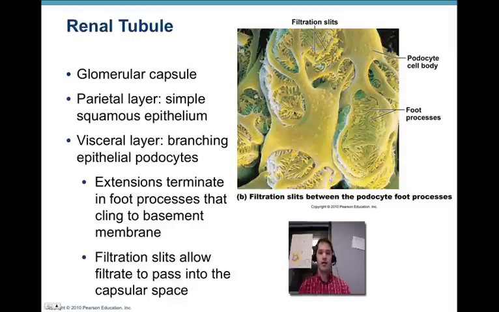The visceral layer are what are called podocytes, and these are branching epithelial cells. Podocyte means foot cell, and they have what are called foot processes, I guess because they look like toes. And these extensions of the cells terminate in these foot processes which cling to the basement membrane and form slits that allow filtrate to pass into the capsular space.